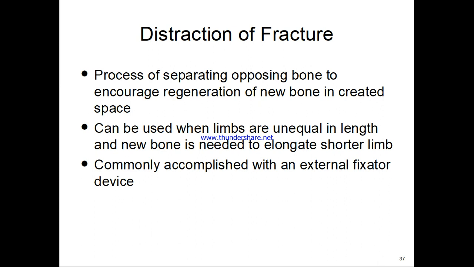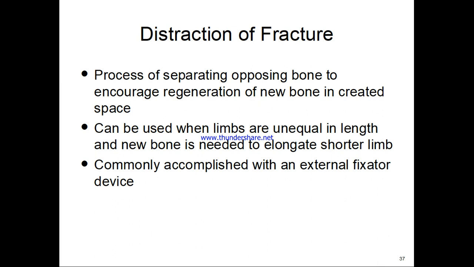The process of separating bone to encourage regeneration of new bone in an empty space is called distraction of a fracture. This can actually be done for therapeutic reasons when limbs are of an unequal length, to elongate the shorter limb. Or this can be used for perhaps deformed limbs that healed incorrectly from another injury.